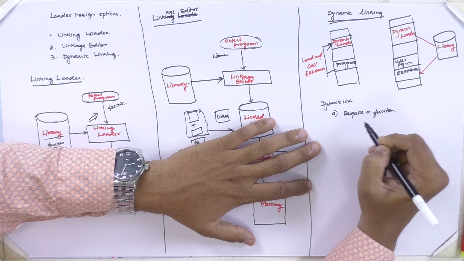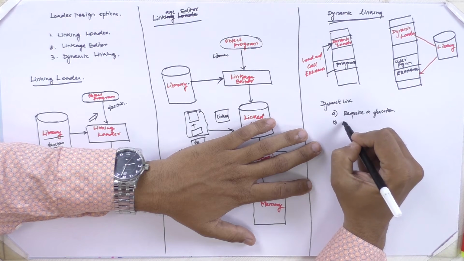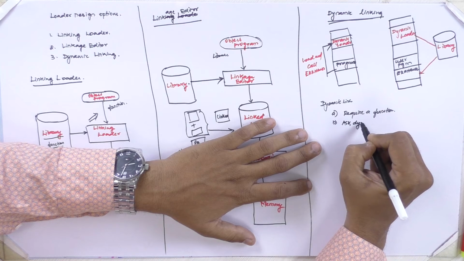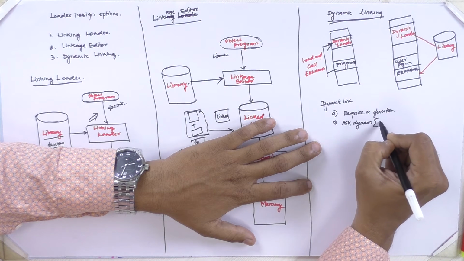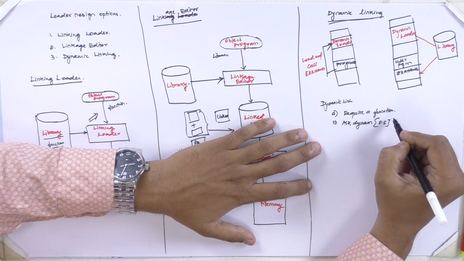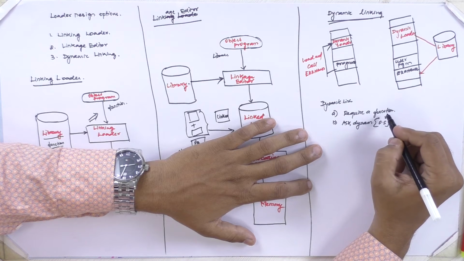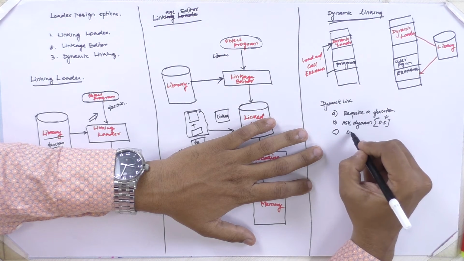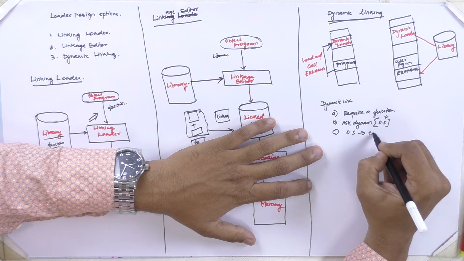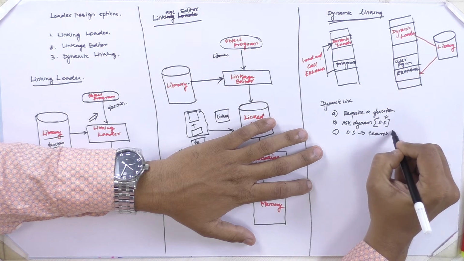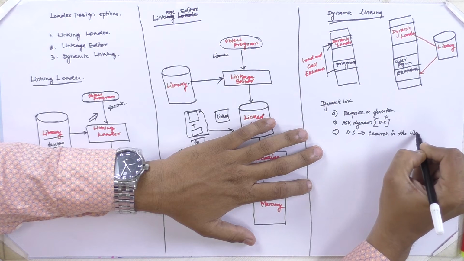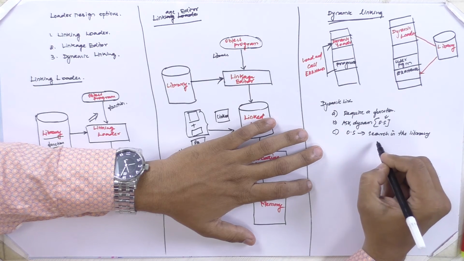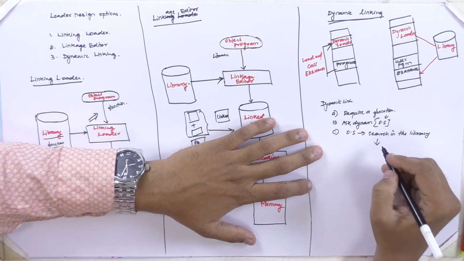The program will ask the dynamic loader. The dynamic loader is part of an operating system. So the program will ask the operating system, I require this function. The operating system will now search in the library and provide the function.